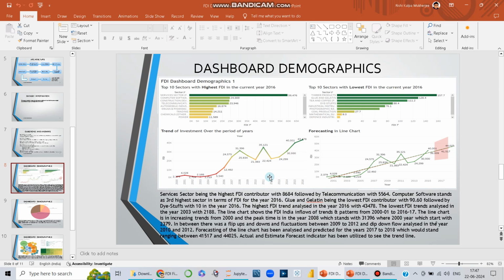There was a dip and fluctuations between 2009 and 2012. The forecast has been analyzed and predicted for the years 2017 and 2018, ranging between 41517 and 44025. The actual and estimate forecast indicator has been utilized to see the trend lines.